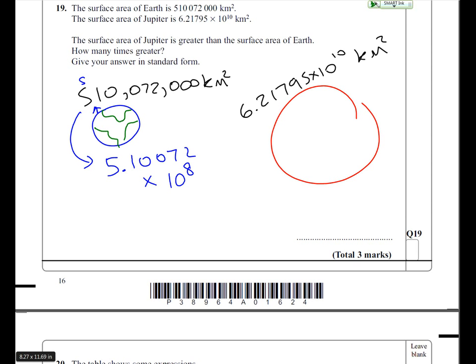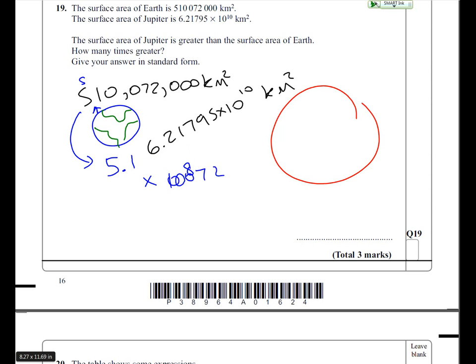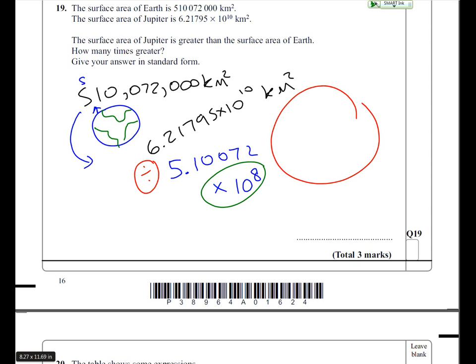Now, if we're doing the division of how many times the Earth goes into Jupiter, what we're doing is this value divided by, we'll split it up here, this value. Okay, how many times it goes in. So, when we're dividing, imagine that this is times 10 8 times, this is times 10 10 times.